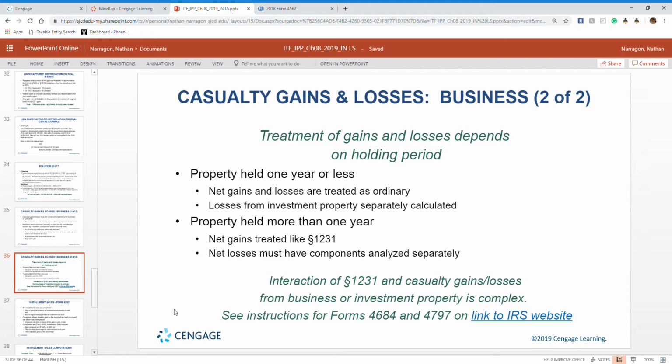So get that long-term capital gain going on. But losses must have components analyzed separately, and again, a lot of this is very complex. If you'd like, look at the instructions on these forms. I'm not going to go through them, but look at them and it'll give you a good review of what this casualty loss is.